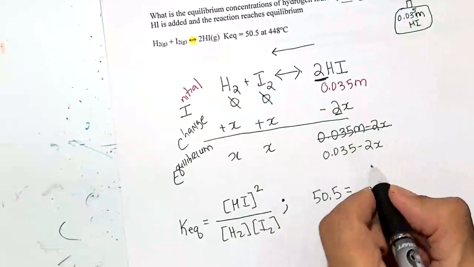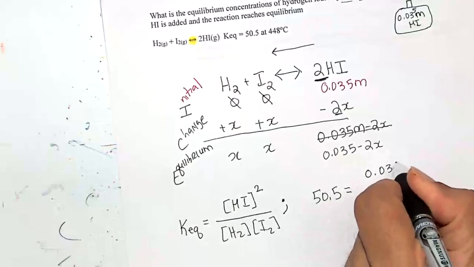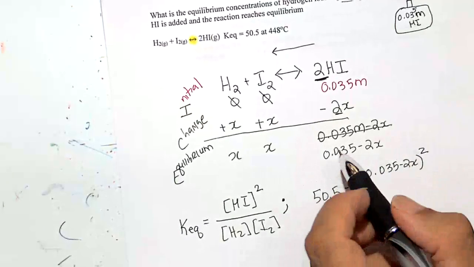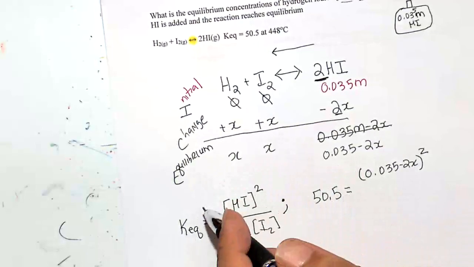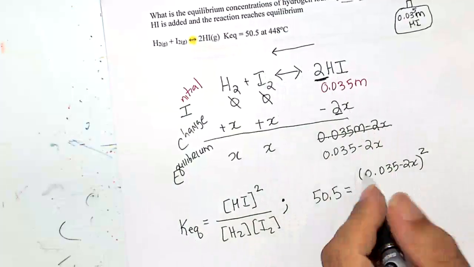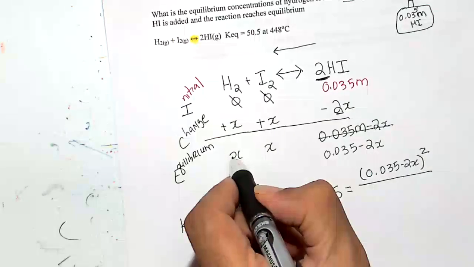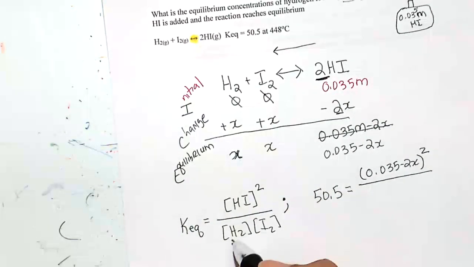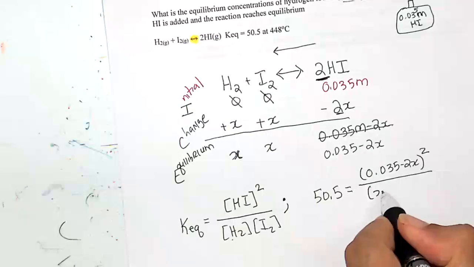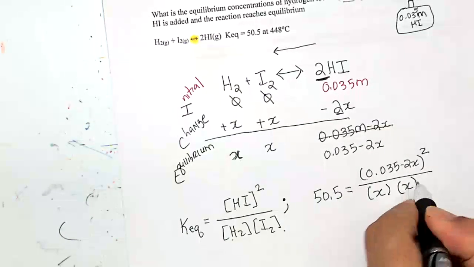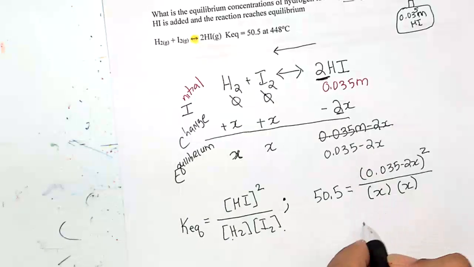We plug in the equilibrium concentrations: HI at equilibrium is 0.035 minus 2x, whole squared. H2 at equilibrium is x, and I2 at equilibrium is x, so that's x squared.